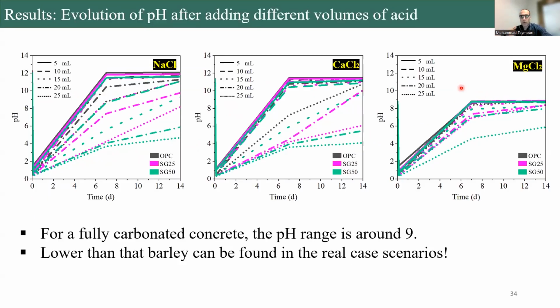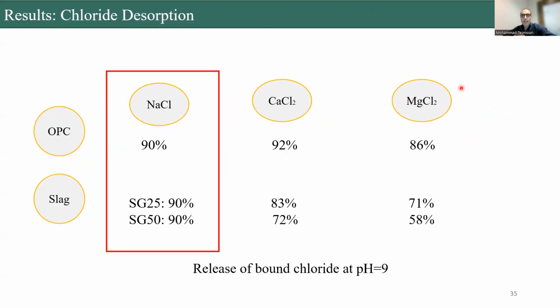So with that said, we wanted to know how much of the chloride that I showed you in the slide about chloride binding is associated. Let's start with sodium chloride, because the amount of binding for these is different. We can see that for sodium chloride, for example, for the OPC case exposed to NaCl, almost 90% of the bound chloride dissociated. You know what it means?